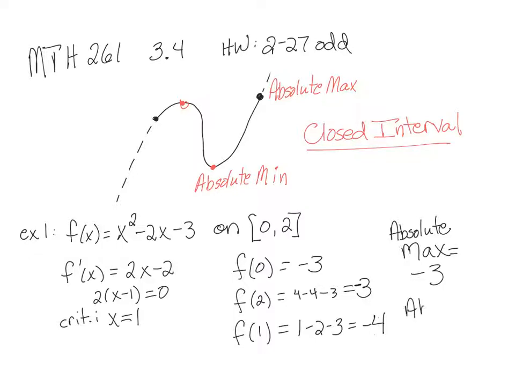And my absolute minimum is the lowest y value, and that equals negative 4. It's pretty simple, right? Now, if you change the interval that you're on, it's going to change your absolute maximums and minimums. Let's look at another problem and work it on different intervals.